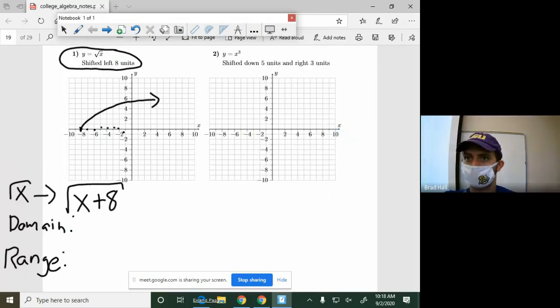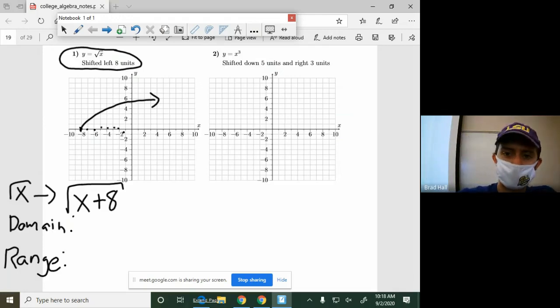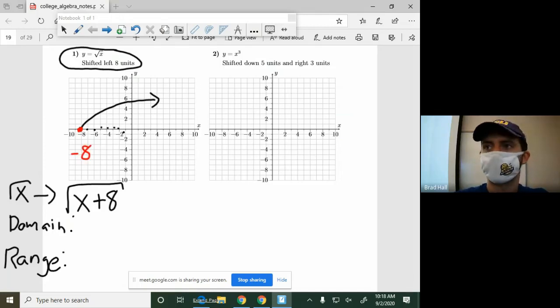So to find the domain, let's recall from a few weeks ago, the domain is found by viewing the graph left to right and looking at the x values. The furthest to the left we go, I'm shading that in red. That seems to be an x value of -8. And the furthest to the right you can go seems to be that arrow, which would indicate infinity.